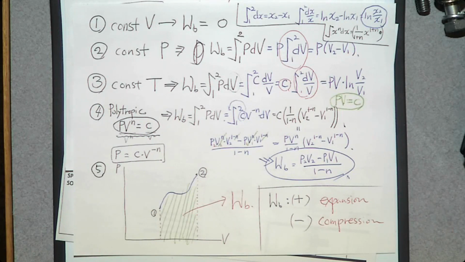No, you need to determine the sign of this WB based on whether it is an expansion or compression. You don't have to do that if you use this equation. If it is compression, you will get a negative value. But if you use this graph, you need to determine the sign, okay? So that's everything about moving boundary work. Write them down on your formula sheet.